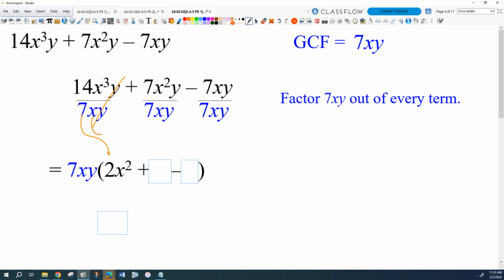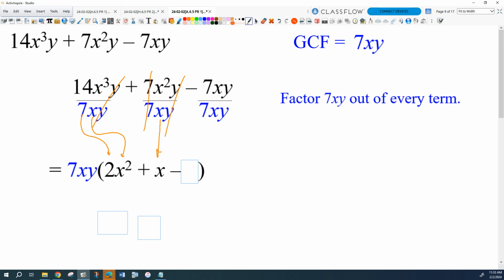X cubed over x is x squared. How about here? 7xy times what is 7x squared y? X. Or just divide it: 7x squared y divided by our GCF. The 7's cancel, the y's cancel. X squared over x is x.